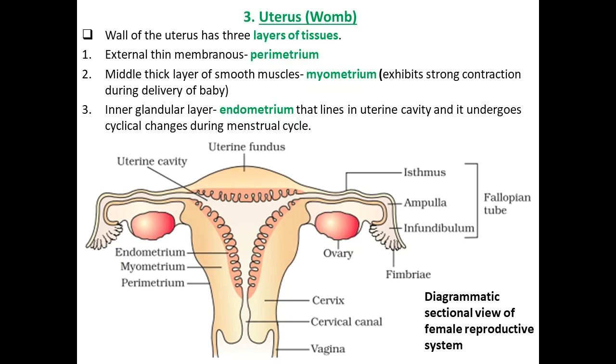The cyclic changes it undergoes during the menstrual cycle, the monthly changes that take place in the endometrium, we will take up in detail in the menstrual cycle in the next separate lecture.